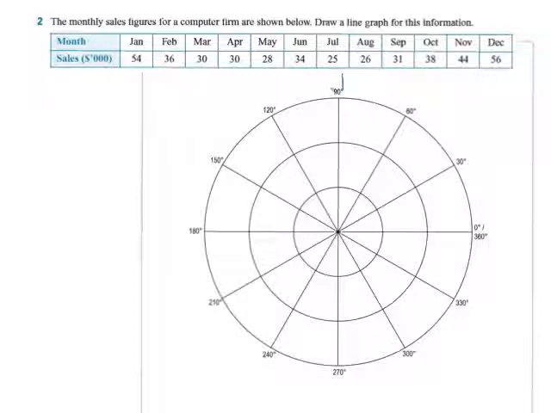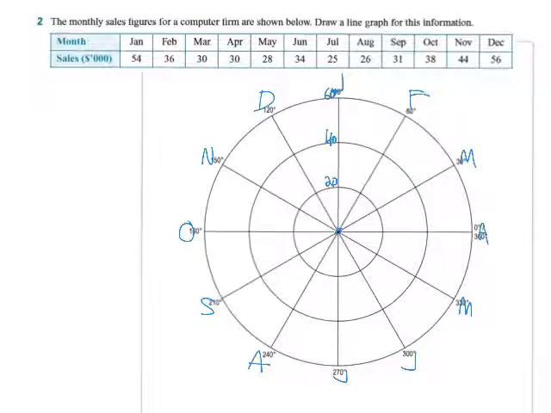So we'll start off with January up here, February, March, April, May, June, July, August, September, October, November, December. And we'll mark off the same. 0 is going to be in the center, and then we're going to have 20 along this line, 40 along this line, 60 along this line.